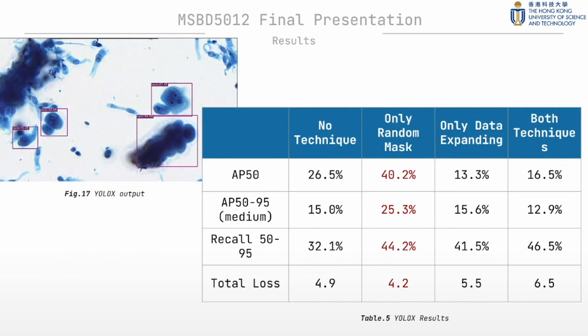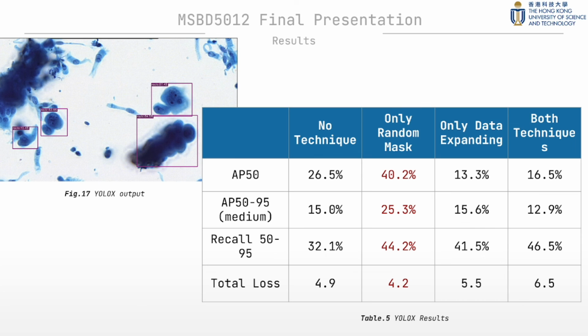Next, here are the output predictions by YOLOX on the same image as the last one from YOLOv3, shown in figure 17, which seems much better than the one from YOLOv3.